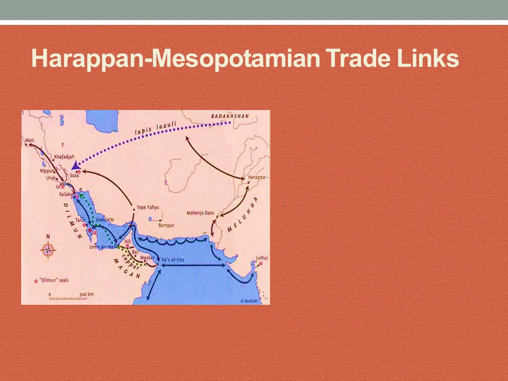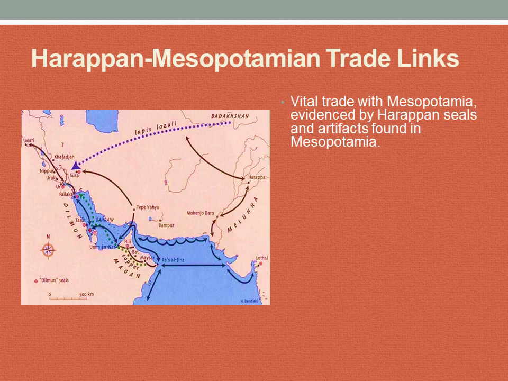Next up we have the Harappan Mesopotamian trade links. This is one of the most important discoveries of ancient culture, the discovery of a trade route between the two most important ancient civilizations of the world, namely the Harappan civilization and Mesopotamia. The vital trade route with Mesopotamia has been evidenced with the help of Harappan seals and artifacts found in Mesopotamia.